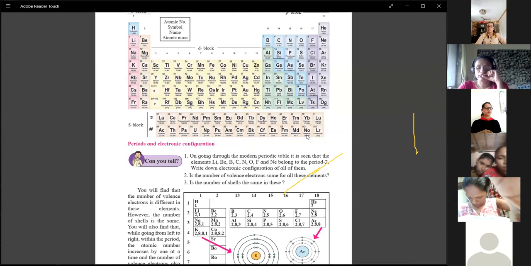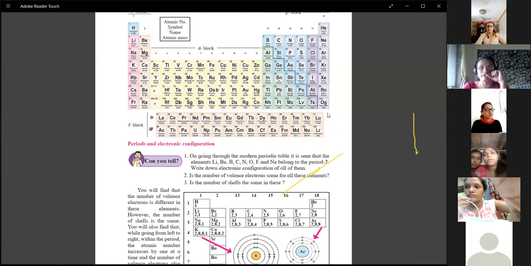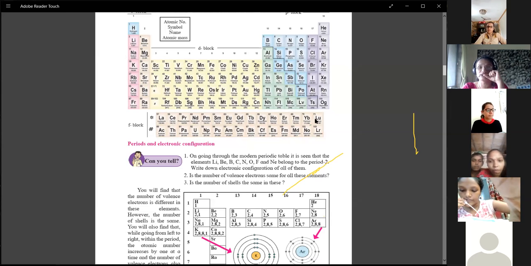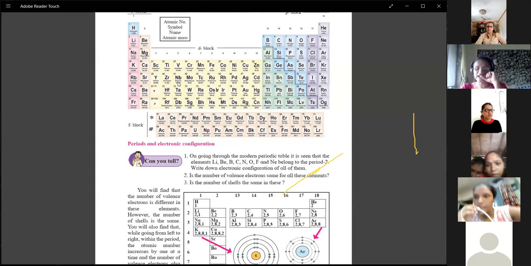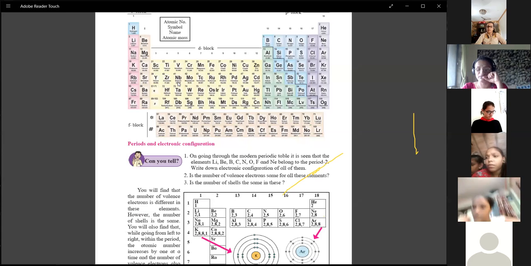That is, the metallic character of an element increases while going down the group. When going from left to right in the period, the valence electrons are increasing. Now use your pen from the textbook, page number 27.